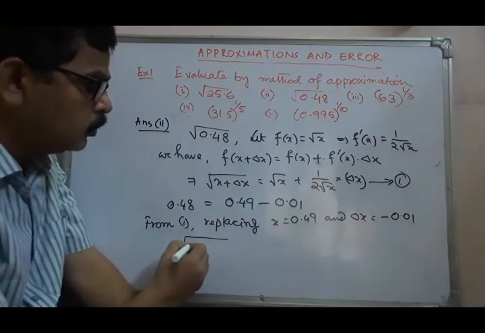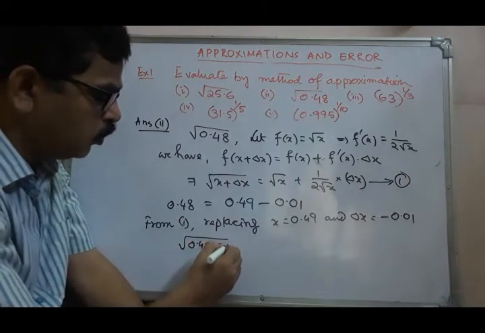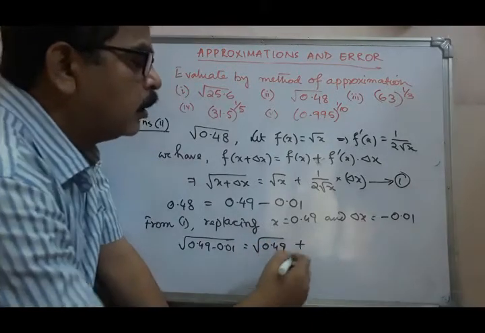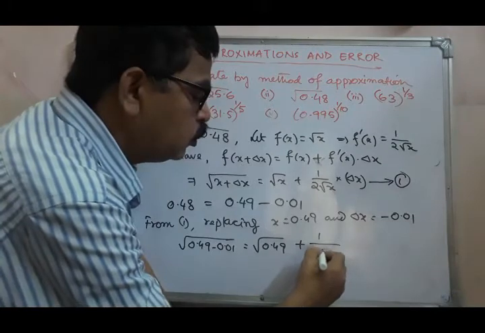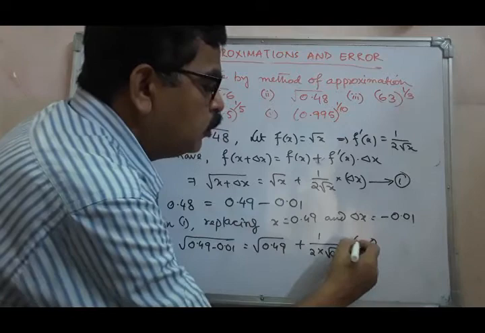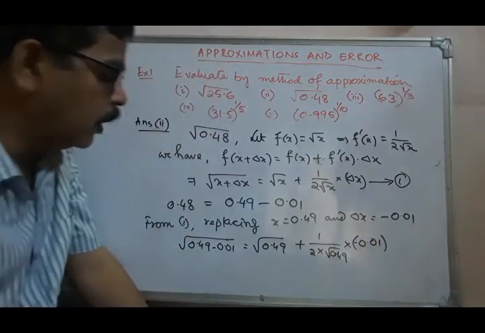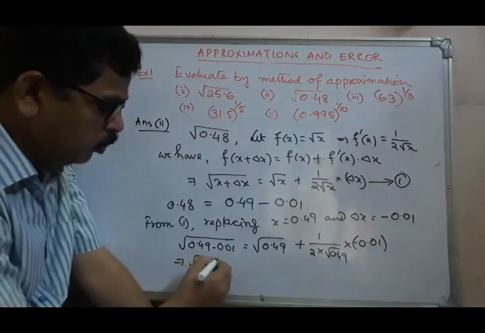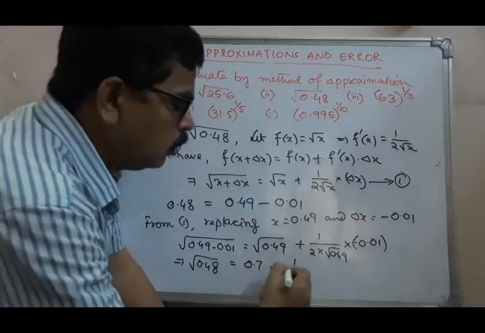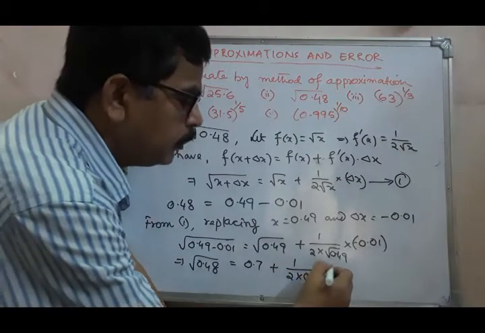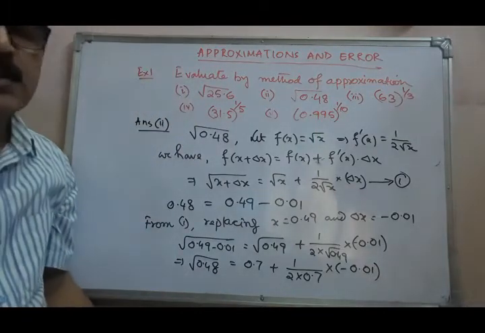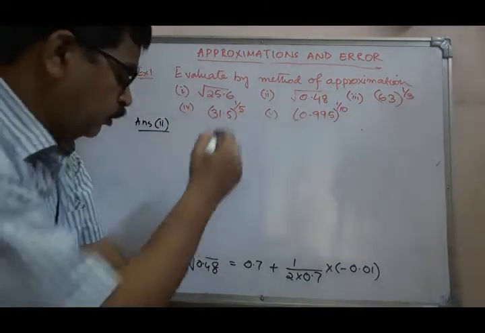Root over 0.49 minus 0.01 equals root over 0.49 plus 1 by 2 into root over 0.49 into minus 0.01. That is, root over 0.48 equals 0.7 plus 1 by 2 into 0.7 into minus 0.01. Simplify further. So then what will we get?